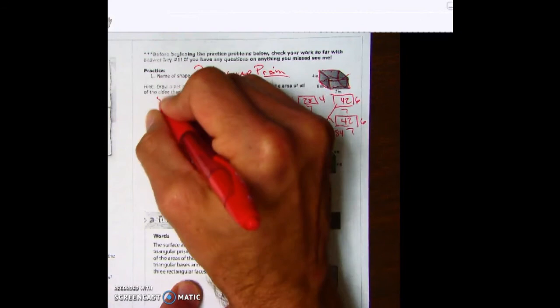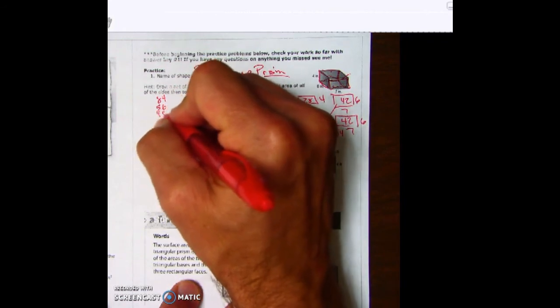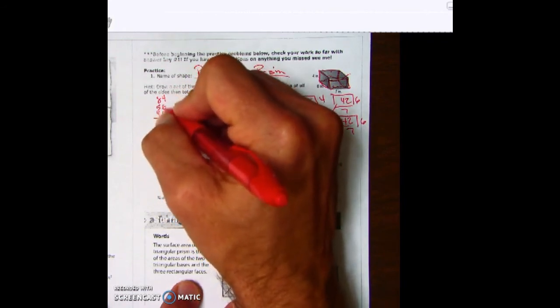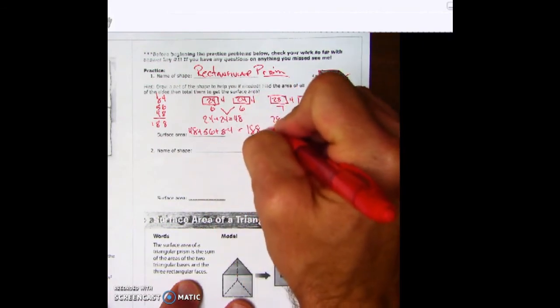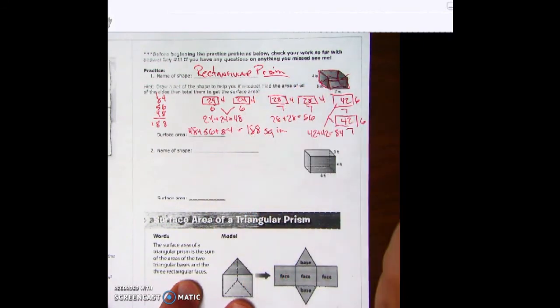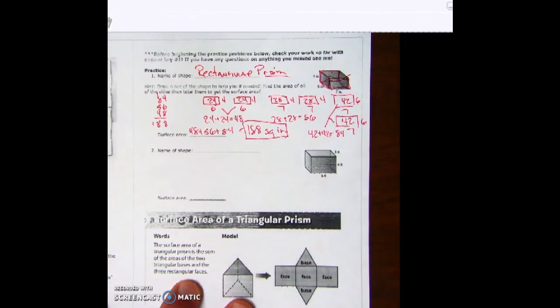Let me come over here and do that math. 84, 56, 48. 6 and 4 is 10, plus 8 is 18. 9 plus 5 is 14, plus 4 is 18. So we have 188 square inches. Remember, we're not finding volume, we're finding the surface area.